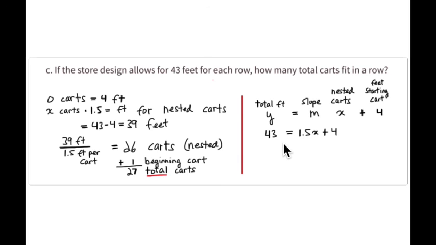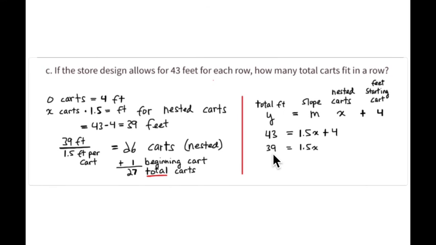All right, so if I have the number of nested carts times 1.5 plus 4 equals the total number of feet, then to get the total number of carts, I have to subtract that 4. So it's going to be 4 feet less than 43. So 43 minus 4 is equal to 39. And that's going to be the total number of feet for the nested carts.